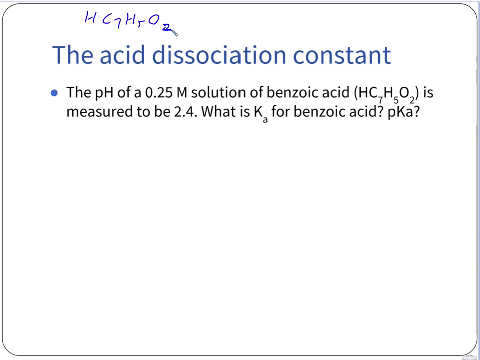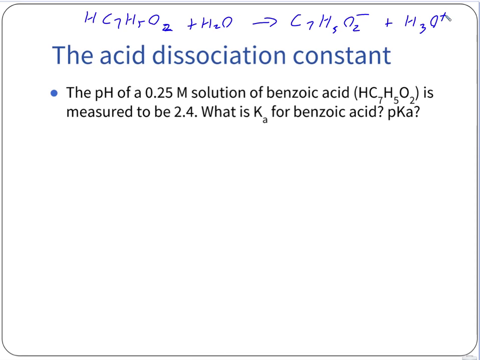Let's treat this like a Bronsted-Lowry acid, so we're going to add water, so that the benzoic acid is the acid and the water is the base. It forms the conjugate base for benzoic acid, which should be C7H5O2 minus, because it kept the electron from that, plus the conjugate acid for the water as the base, which should be hydronium, H3O plus. Okay, so we have that written out here.